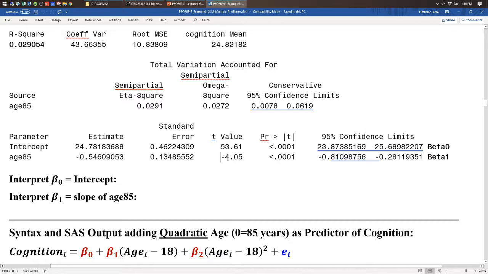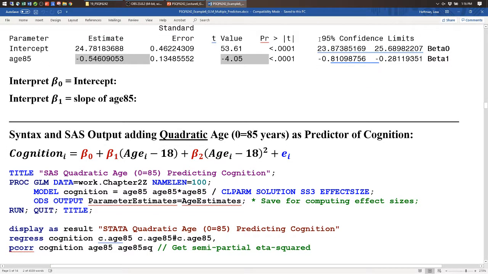So the t is negative because the estimate is negative. So my intercept here, beta 0, is now 24. What is that? Cognition at 85 is expected to be 24-ish, right?